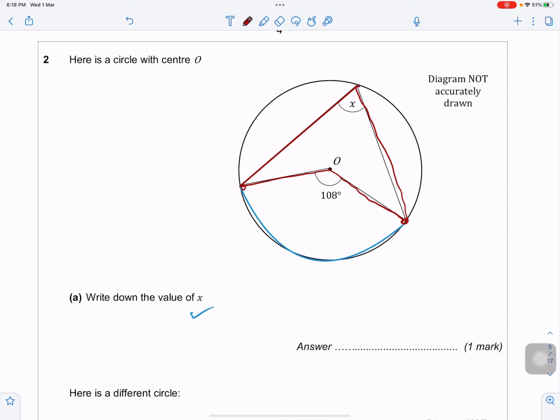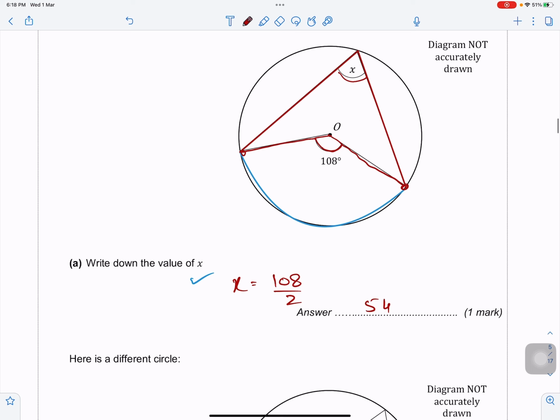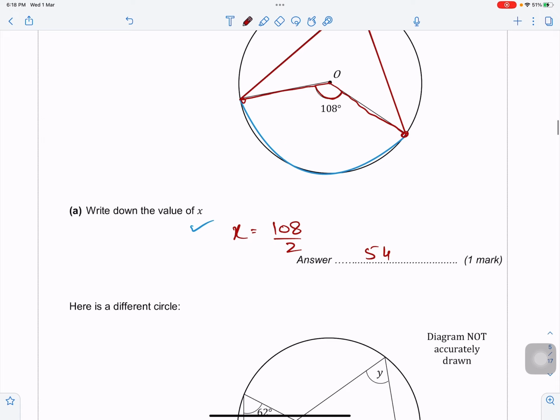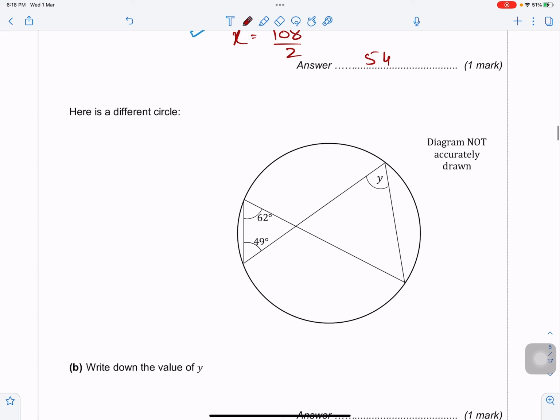So x is equal to half of the angle made at the center. So x is equal to 108 divided by 2, which is 54. And if it asks what is the reason, you will write angle at the center is twice the angle at the circumference.